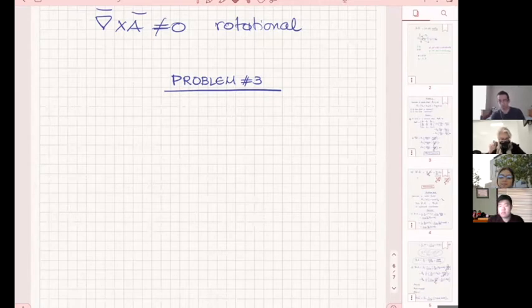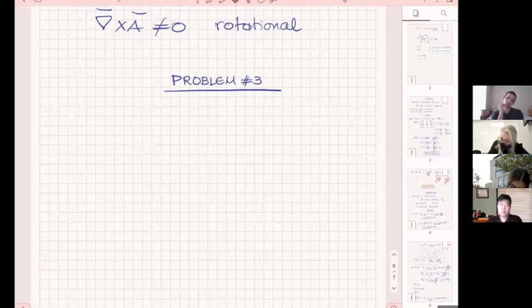Okay, it says here: transform the following vectors into cylindrical coordinates, and then evaluate them at the indicated points. Good.